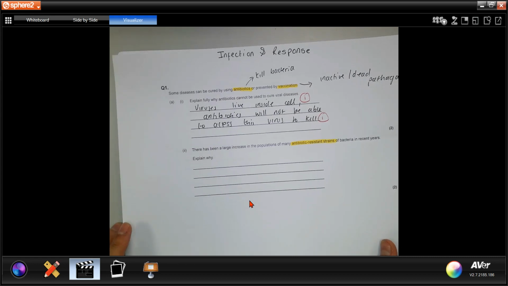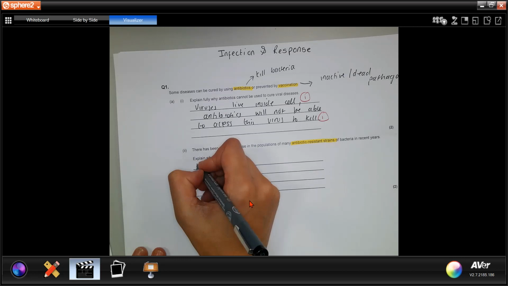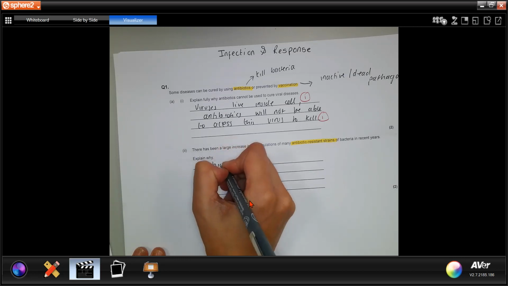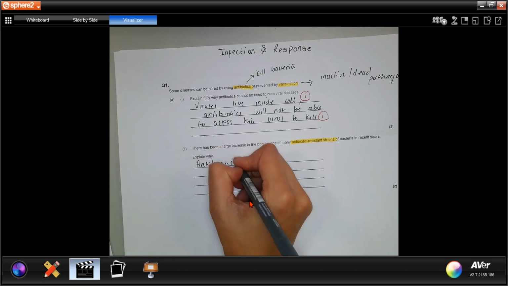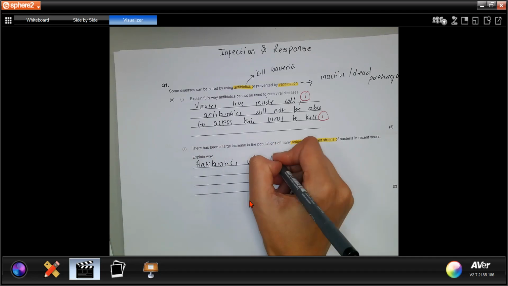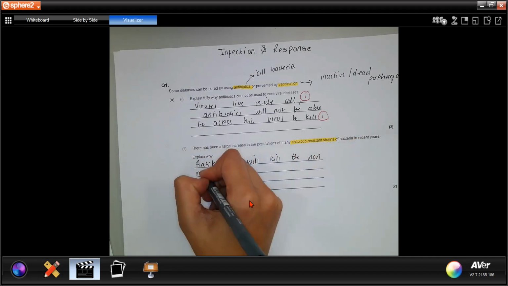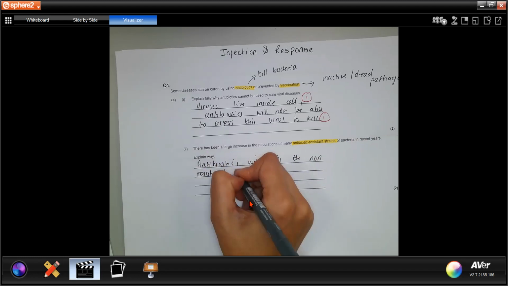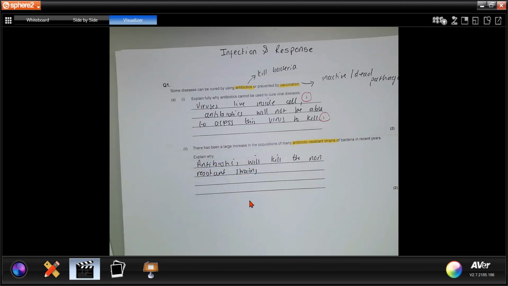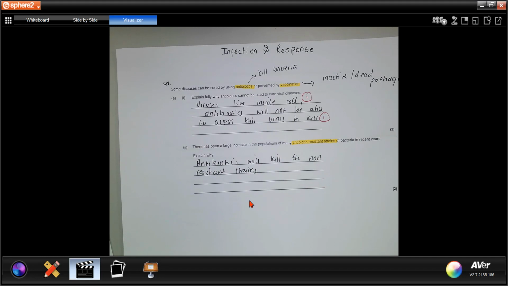The reason there has been a large increase: antibiotics will kill the non-resistant strains. So a person that has taken antibiotics that's got a bacterial infection, the strains that are not resistant, they won't be able to fight this antibiotic and they will die.